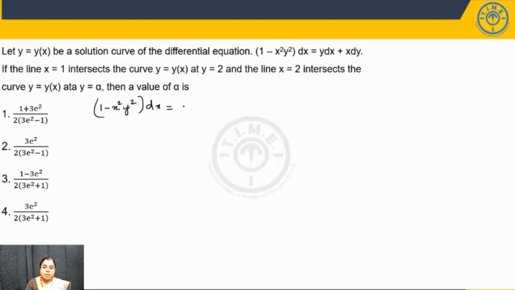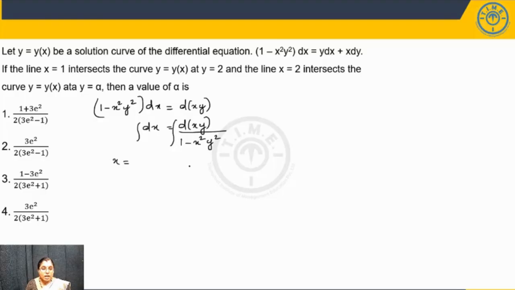So which is nothing but differential of xy, right? So let's rearrange, we'll get dx is equal to differential of xy divided by 1 minus x square y square. Now integrating both sides, what do we get? Here the integral is x, and on the right hand side 1 by a square minus x square.